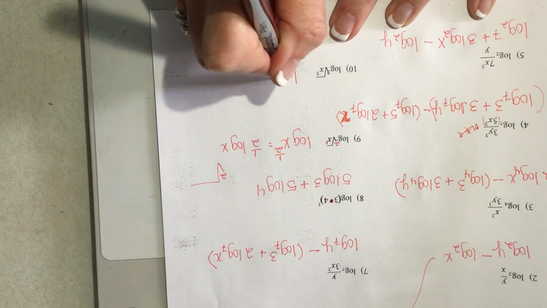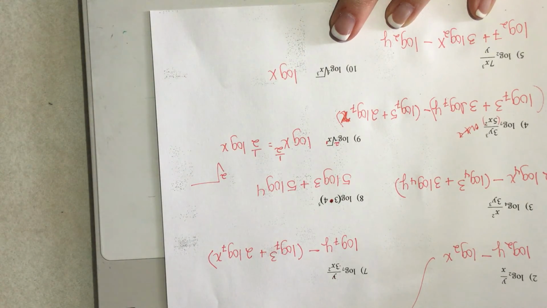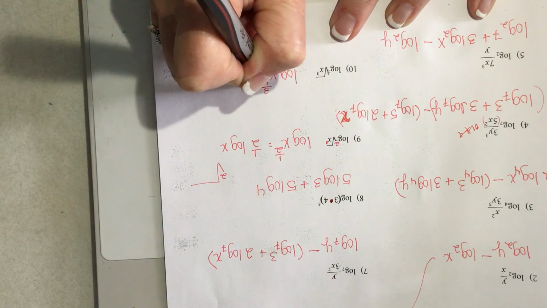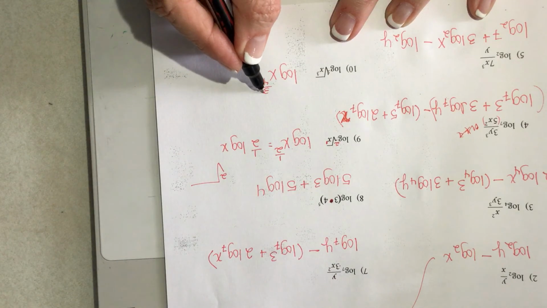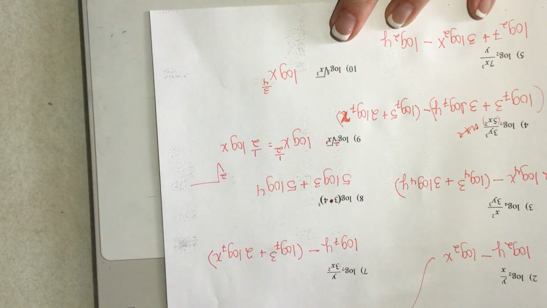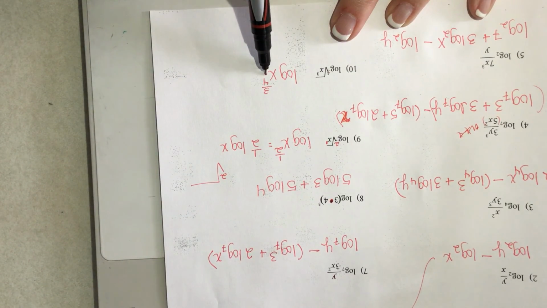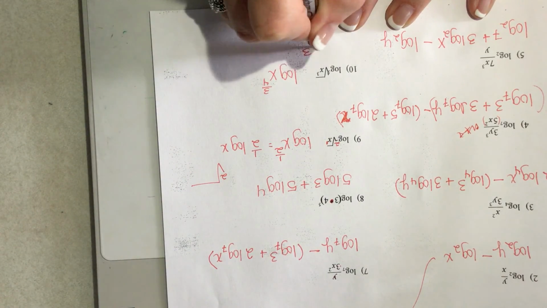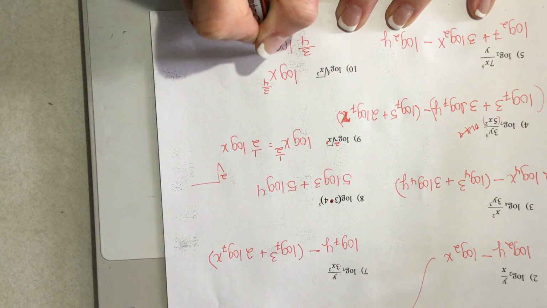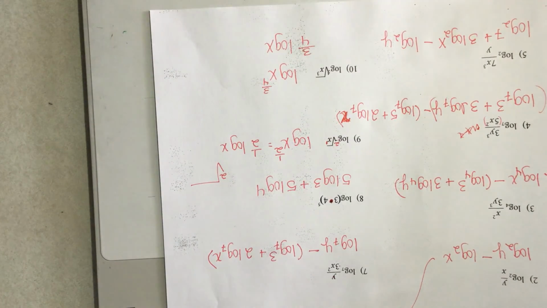So this can be rewritten as log x. Exponent stays as the numerator, and the root goes as the denominator, down low. So that can be written as log x to the 3/4, which is 3/4 log x, is how that's written.